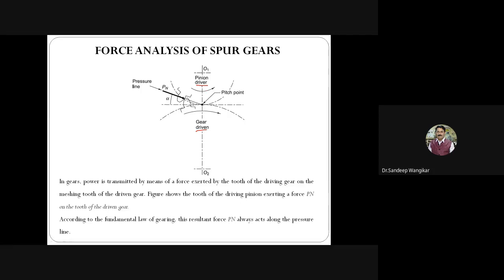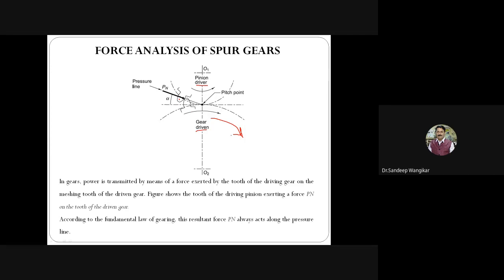If the pinion is the driver, the teeth of the pinion will exert a force on the teeth of the gear, and due to this force only the gear is rotating. The pinion rotates anti-clockwise, and its teeth force the teeth of the gear, and due to this only the gear is rotating.